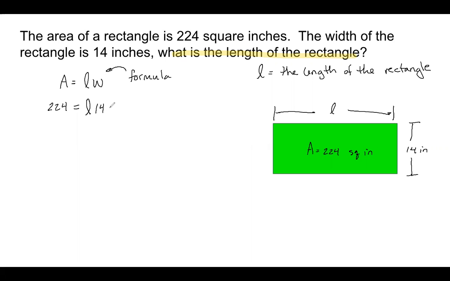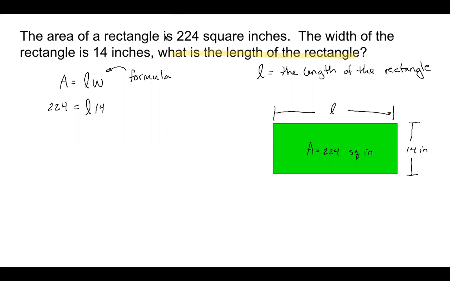If they're talking about the area of a rectangle, start with the formula for the area of a rectangle. If they're talking about the circumference of a circle, start with the formula for the circumference of a circle. You're going to substitute in numbers for the values that you know, and then you're going to use your algebra skills to solve for what you don't know.